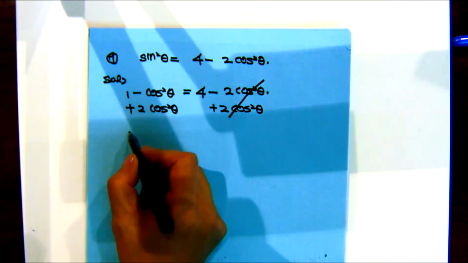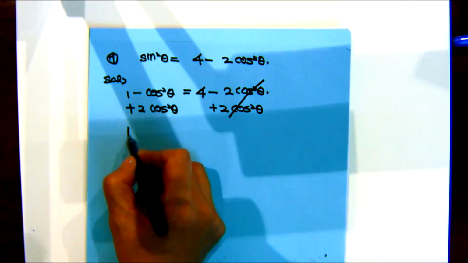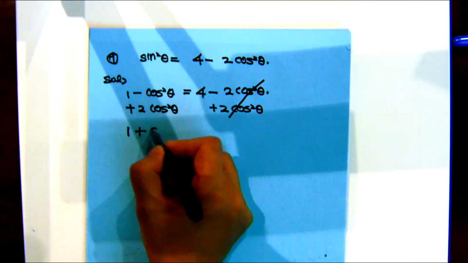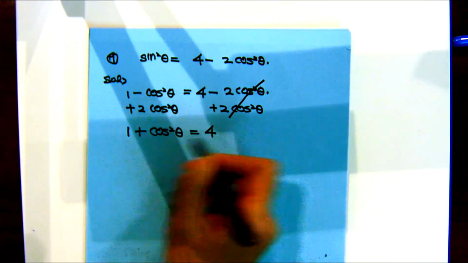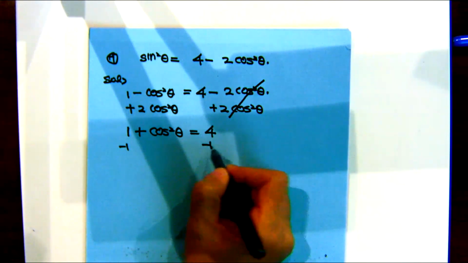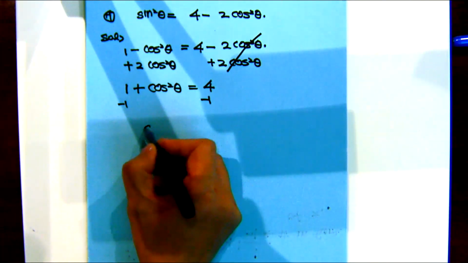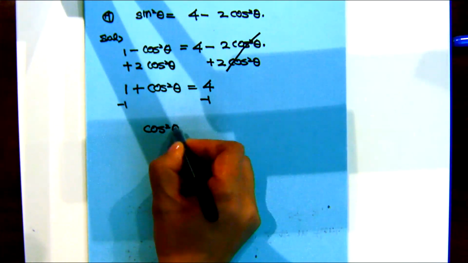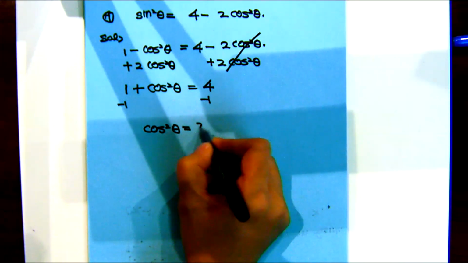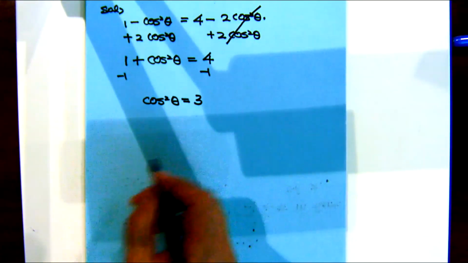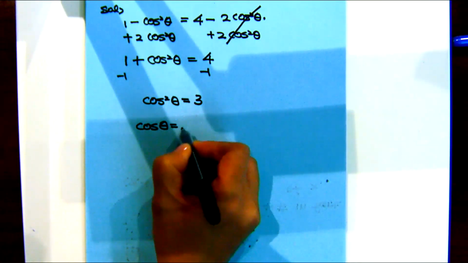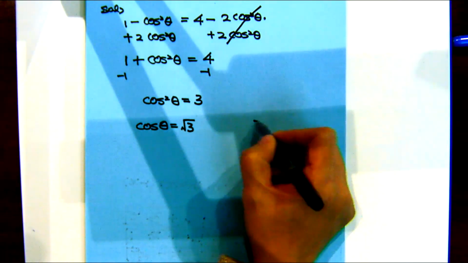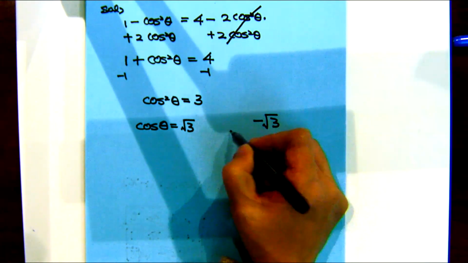On the left side, I would have 1 plus cosine squared theta equals 4. So I subtract 1 on both sides. So cosine squared theta is 3. So cosine of theta equals square root of 3 or negative square root of 3.